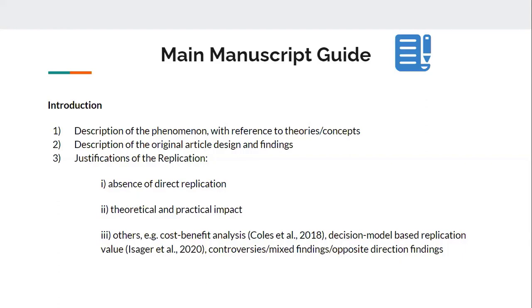For those articles, the replication value is actually quite high. So please check if there are such follow-up articles with such controversies. You may search on Google Scholar using keywords such as debate, controversies, as well as review, meta-analysis regarding the phenomenon.